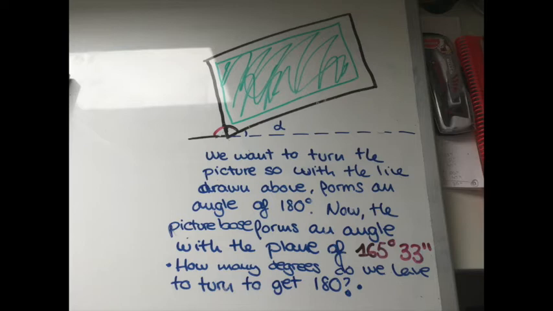Now, the picture base forms an angle with the plane of 165 degrees and 33 minutes. How many degrees do we have to turn the picture to get 180 degrees between the picture base and the line painted with the blue marker that represents the plane?